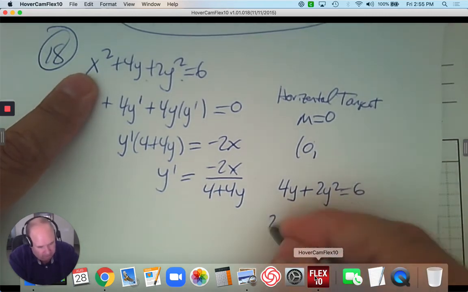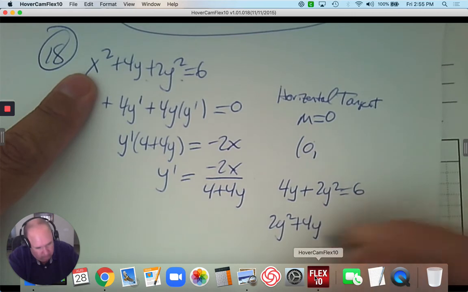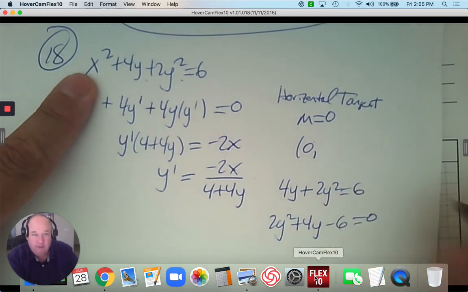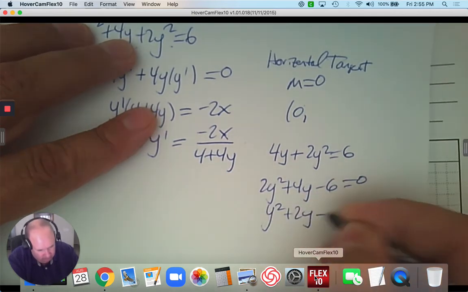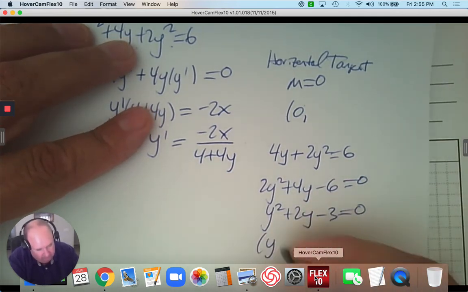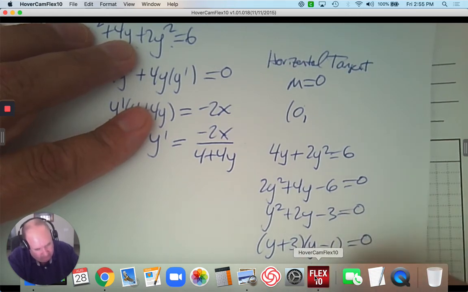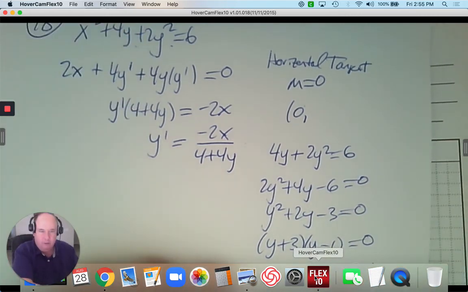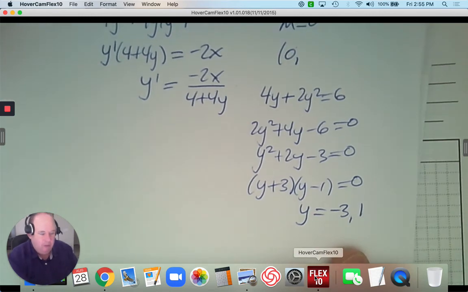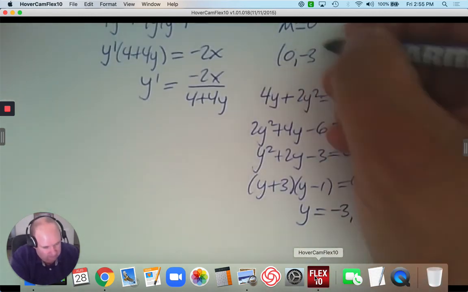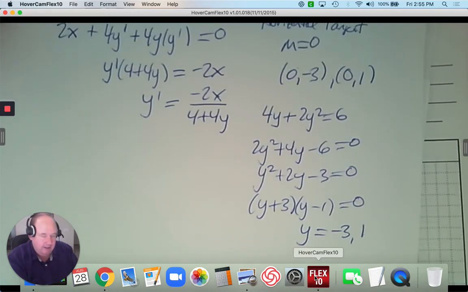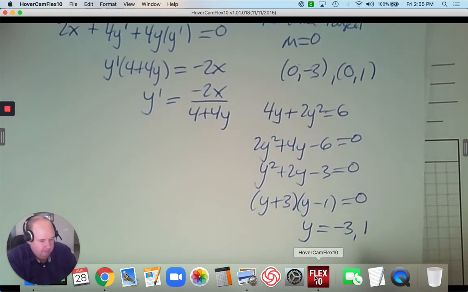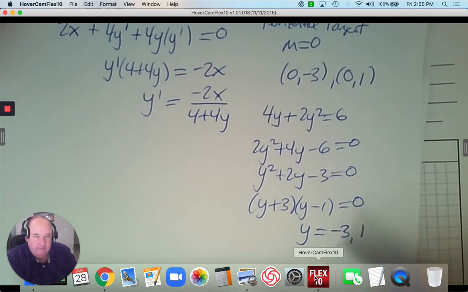So I still have some work to do here. I'm going to subtract 6. I'm rearranging it. Divide everything by 2. Then I'm going to factor. So that's positive 3 and negative 1. And then when I solve it, I get 2 y coordinates. So at 0, negative 3, and at 0, positive 1. So where do we have the slope equal to 0? At 0, negative 3, and at 0, 1.